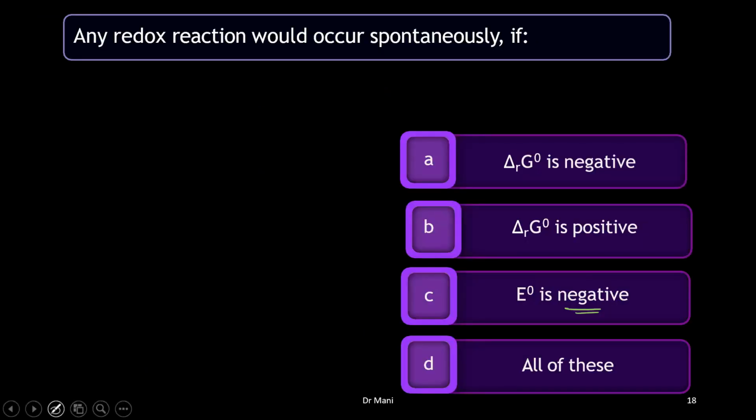Okay, now try to answer this question. Sir, option D. It's okay, tell me, even if it's wrong. Sir, option A. Okay, Shrikar is saying option A. What about the others?